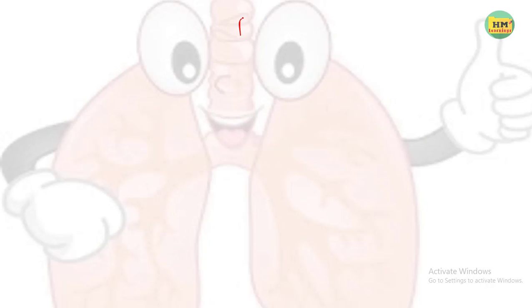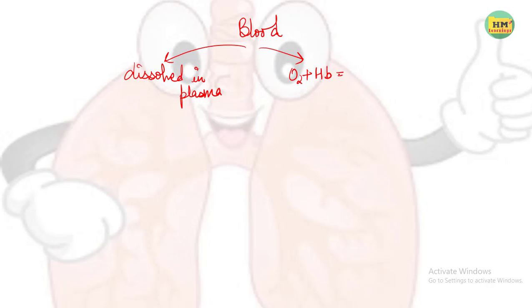Blood transports the oxygen in the dissolved form, dissolved in the plasma, or it can bind with hemoglobin to form oxyhemoglobin. About 3% of the oxygen is transported in the dissolved form, and the remaining 97% is transported as oxyhemoglobin.